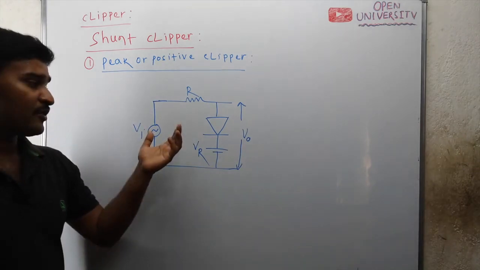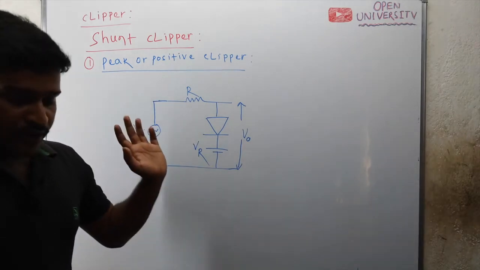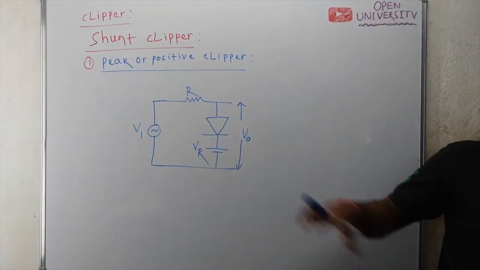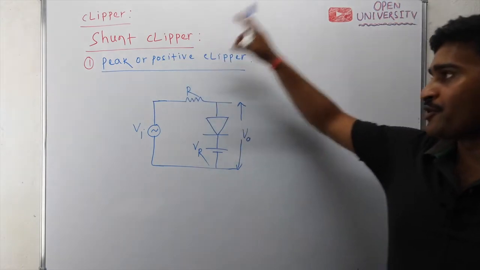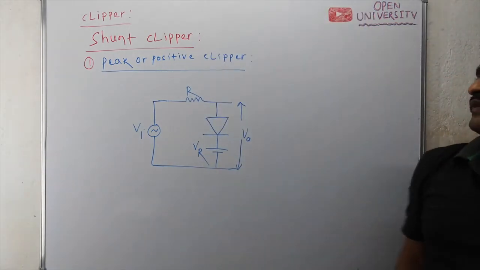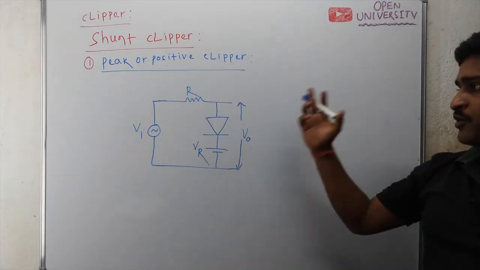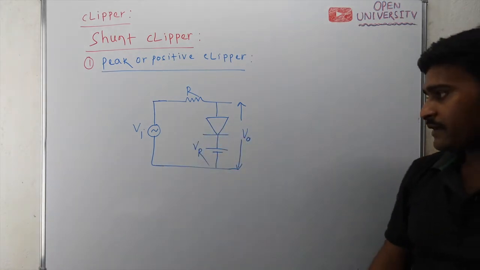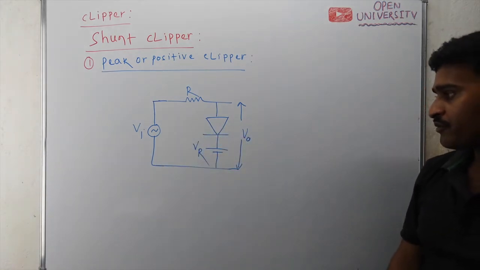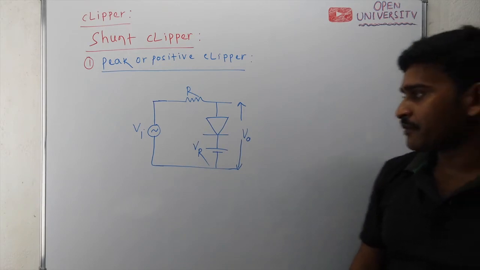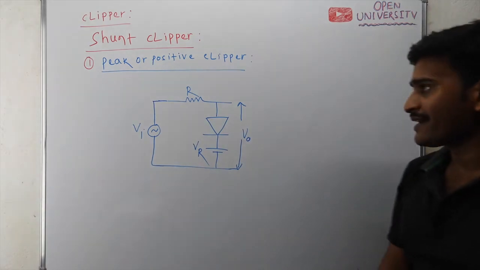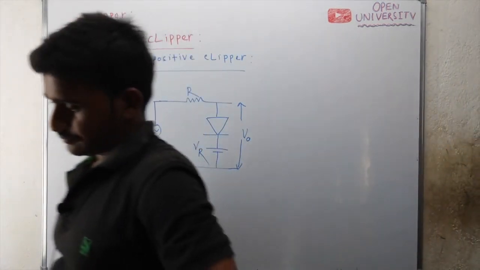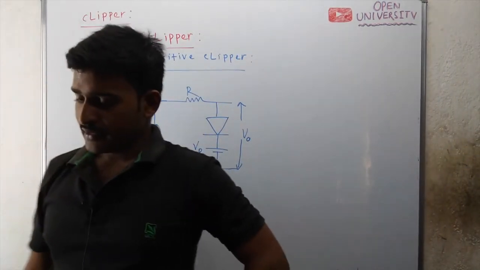What is a positive clipper? It removes that part of the input waveform which lies above the reference voltage.